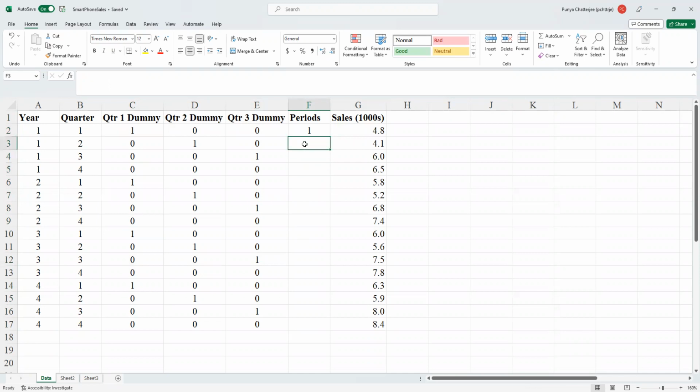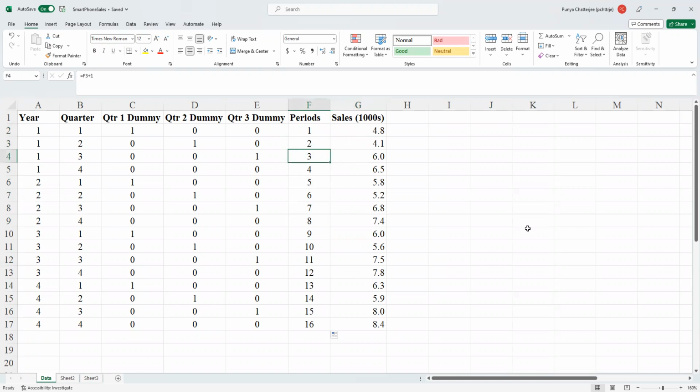I'm going to do this plus 1 and fill it up. So now I also have the periods: this is my sales for period 1, period 2, period 3, and so on.